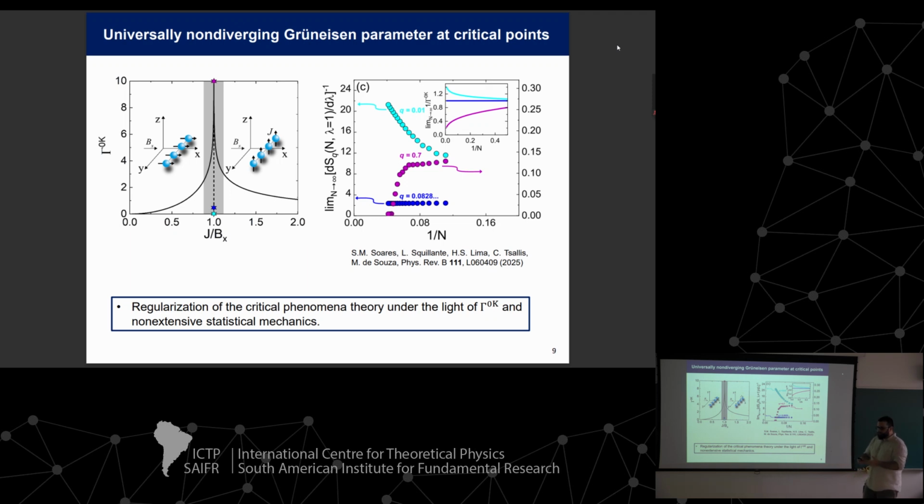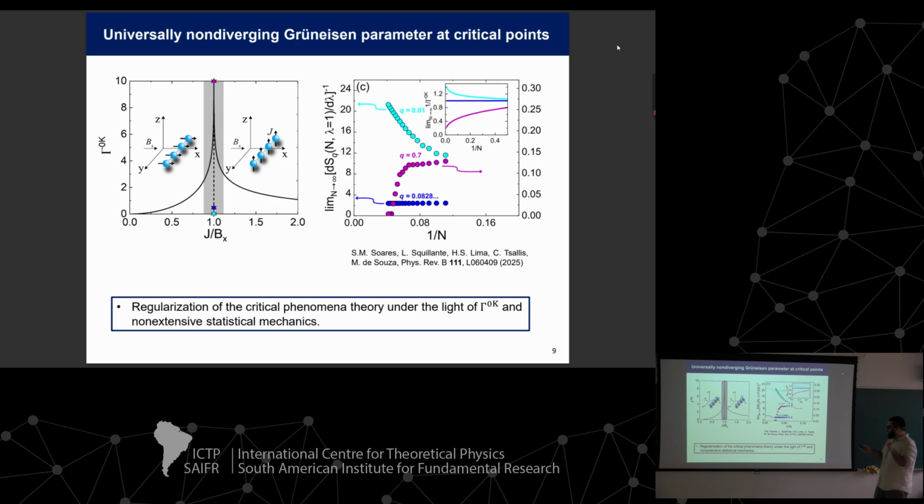Actually, at the critical point, the thermodynamic entropy scales with the logarithm of n, the system size. So we break down the whole thermodynamics. And how to fix that? We propose to fix this with the non-extensive statistical mechanics, and based on this, we have removed the infinity.